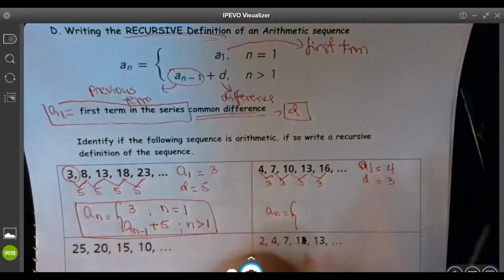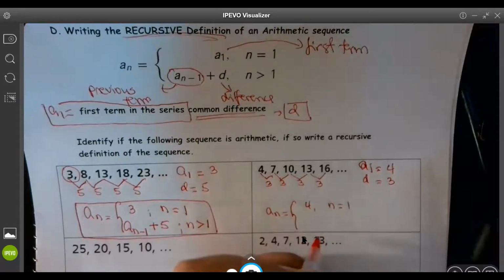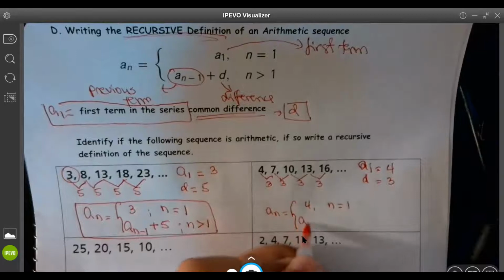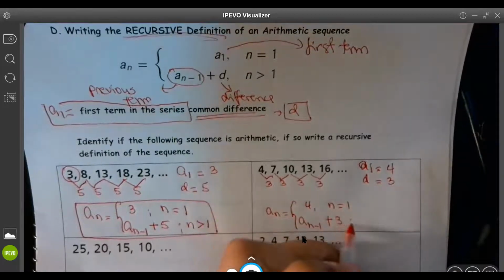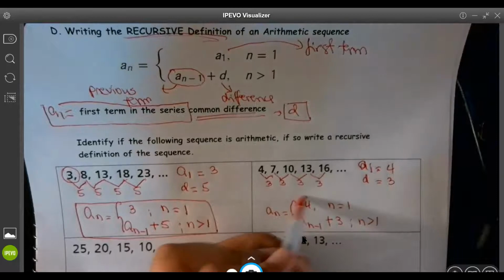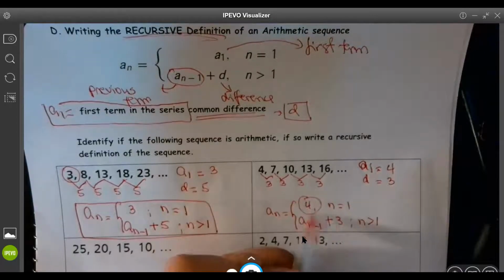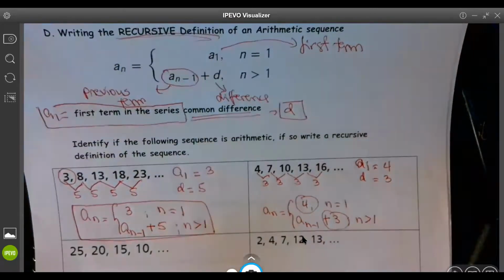A1 is 4 when n is equal to 1. And a sub n minus 1 plus your d, which is 3, when n is greater than 1. So what you are doing here is just plugging in the values of your A1 and your D to write the recursive definition.